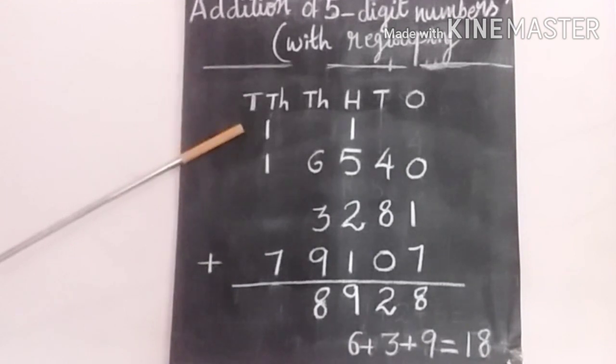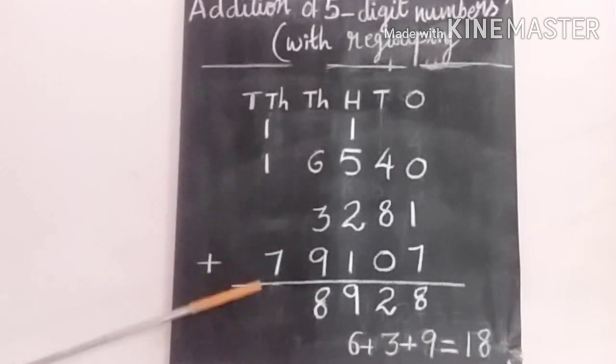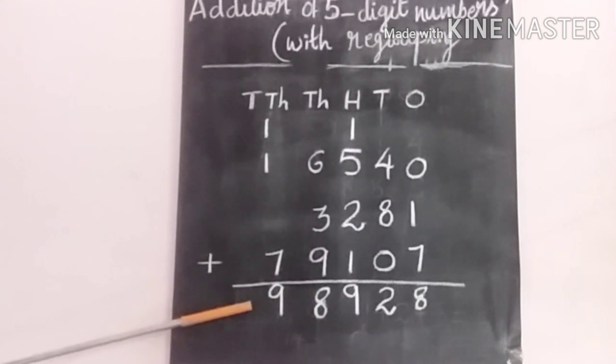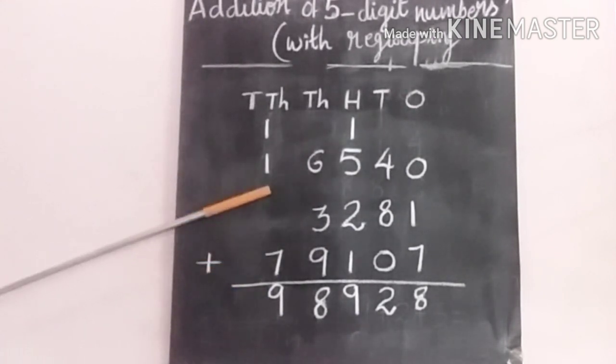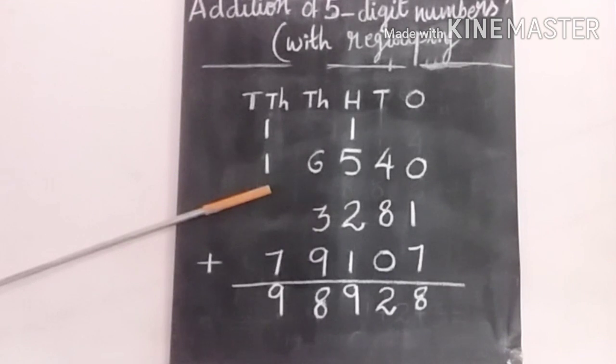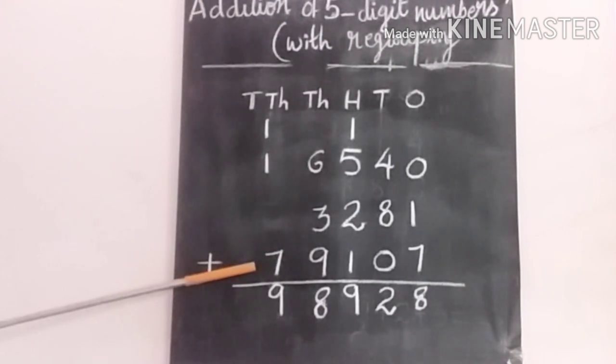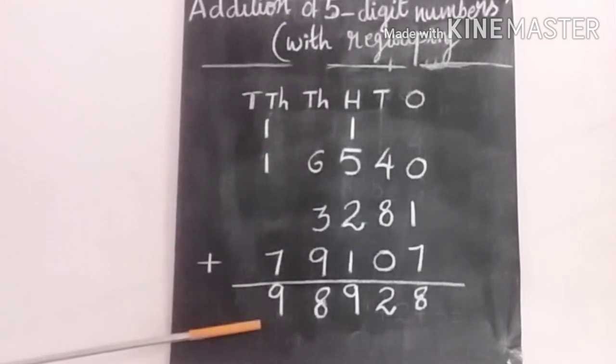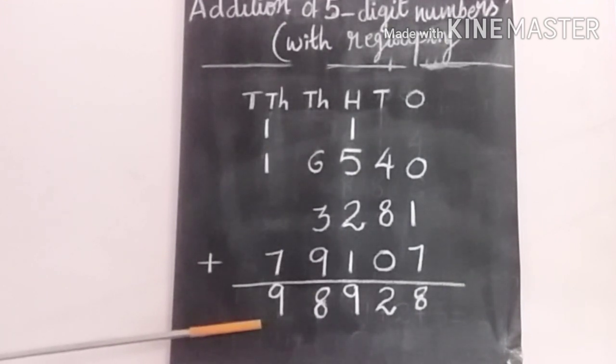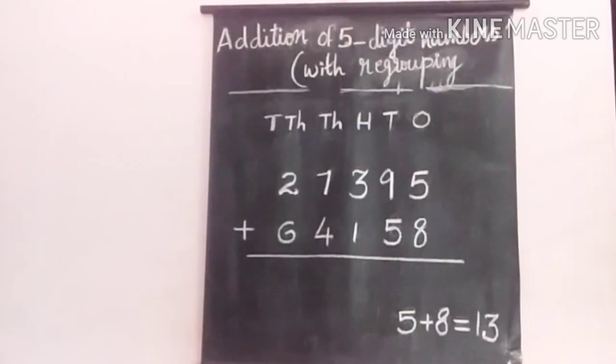That is 1 plus 1 plus 7. That is equal to 9. So, when we add 16,540, 3,281 and 79,107, we will get 98,928.